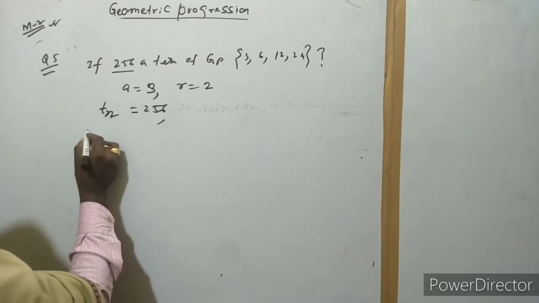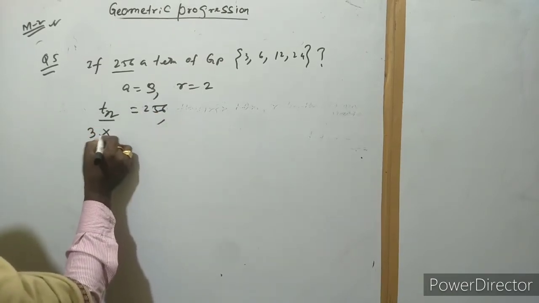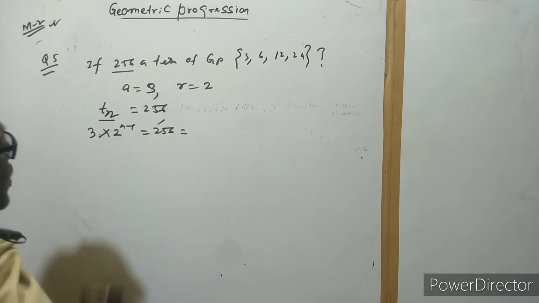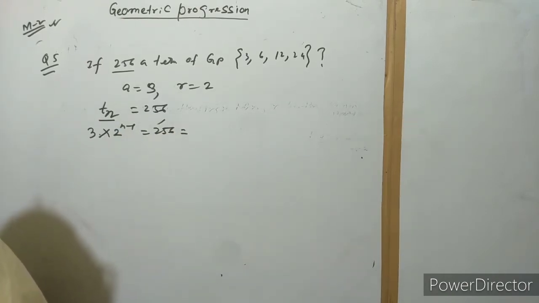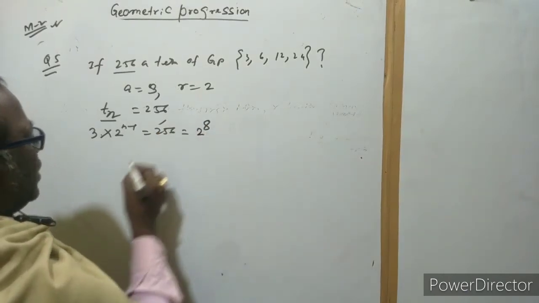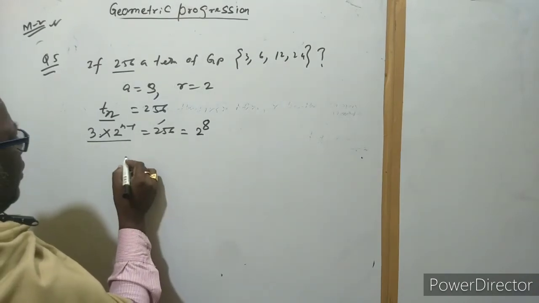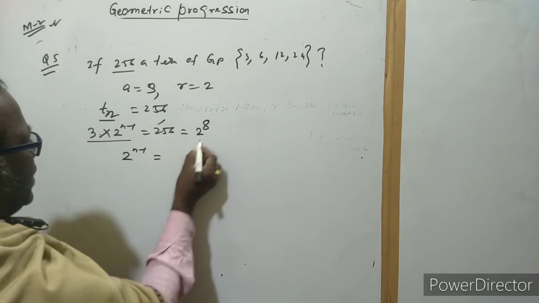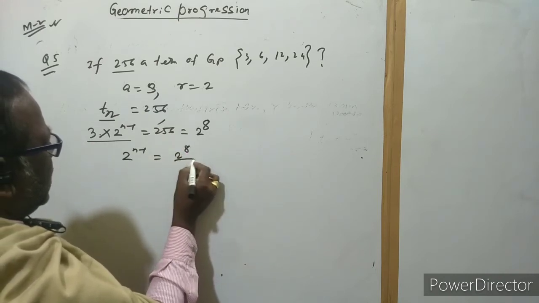See what happened here. The nth term means 3 into 2 to the power n minus 1, equal to 256. And 256 is 16 into 16, that is 16 into 2 to the power 4, which is 2 to the power 8. But you can never find the value of n here, as it is 2 to the power 8 and it is divided by 3.